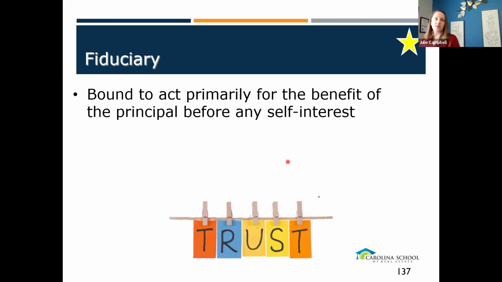In other words, once the consumer hires me and becomes my principal, they should trust that I have their best interest in mind. That's what the agency relationship says. You hire me, we enter into this fiduciary relationship, and I'm going to put you and your needs above all others. Sometimes that might even include my own.